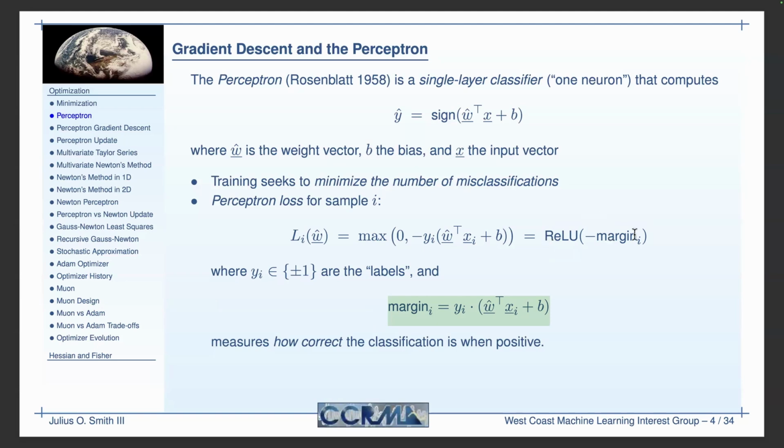So ReLU of minus margin is an interpretation of this perceptron loss. And so your labels are just plus and minus 1. So let that soak in a bit. So this is our loss function. And now we're going to be able to differentiate it and do a gradient step. So, we're way back in the 50s here.